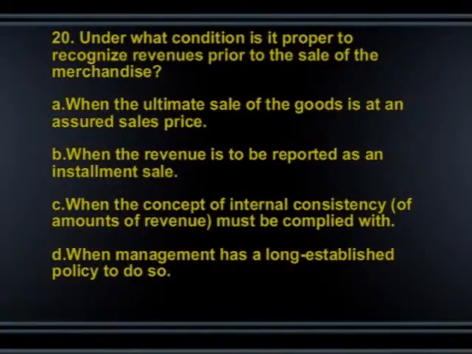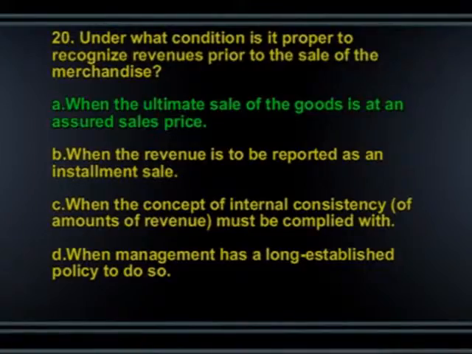The revenues reported on installments, no. When management has a long-established policy, no. Best answer you're going to have there is when the ultimate sale of the goods is at an assured sales price. If you remember in chapter 10, we said there's really two criteria, arm's length transaction, and then this one, ultimate sale of the goods is at an assured sales price.